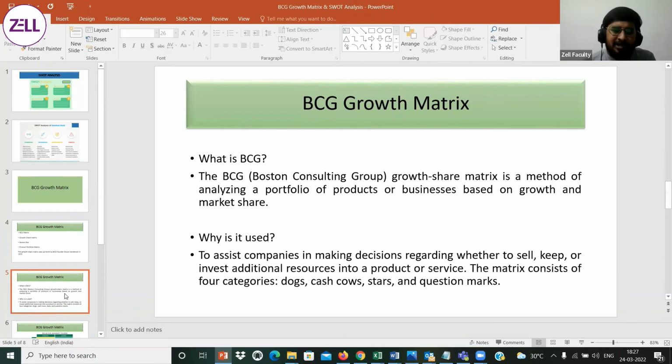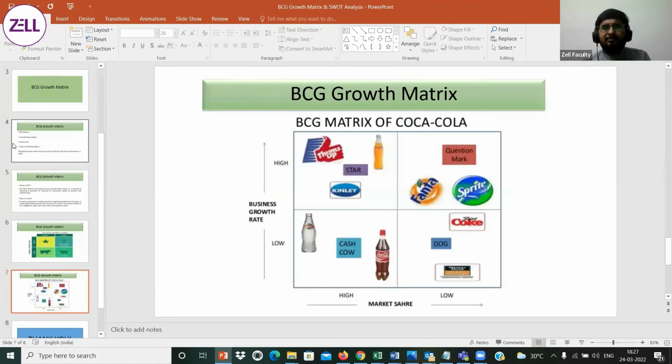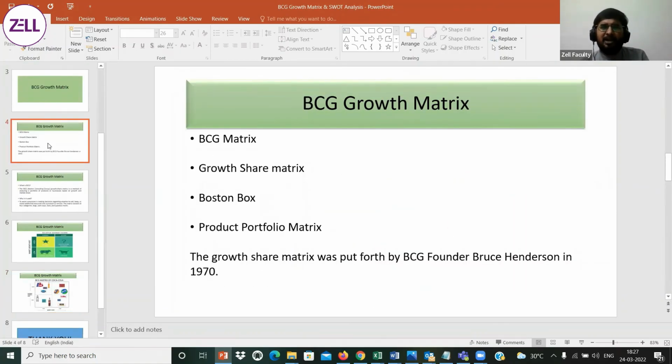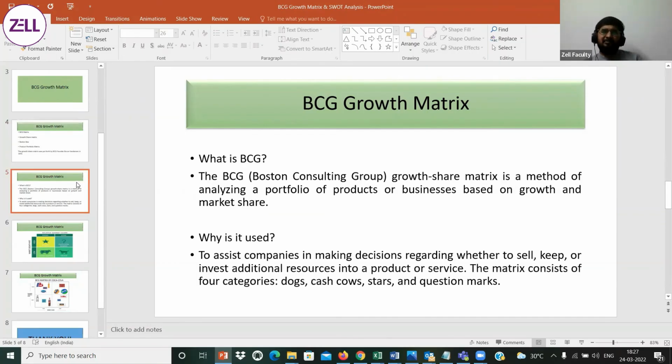Why is it so important? We learned that it came up with a simple formula: when we are sitting to make a decision on a product, we will only take 2 things into consideration. What is our market share in the product and what is the market growth.